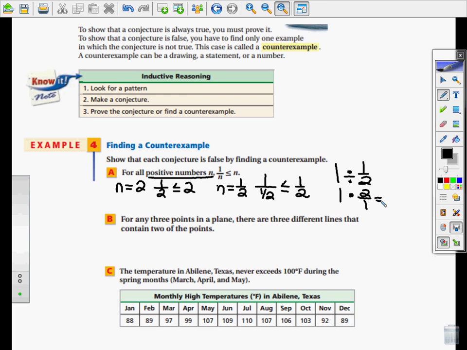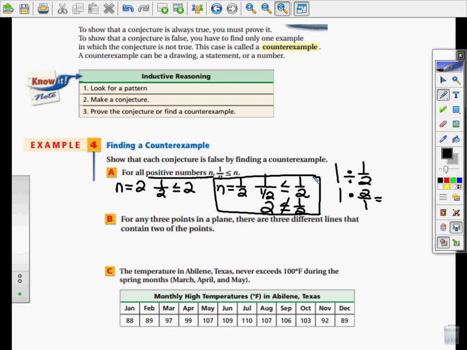So is 2 less than or equal to 1/2? No, 2 is bigger than that. So here's our counterexample, and that's all we're looking for. We're going to box that in. This conjecture simply isn't true, and we found one of numerous examples that disprove it.